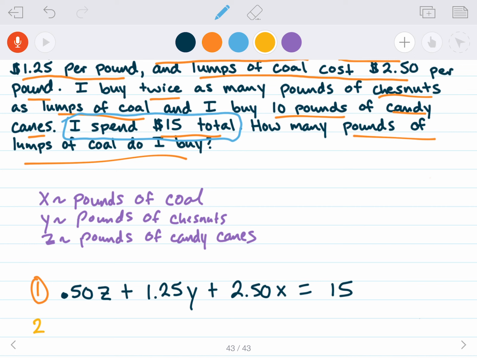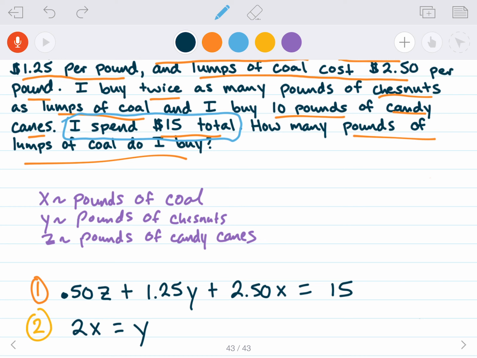So we have 2x equals y. See if that makes sense. So if I buy 8 coal, I have 16 chestnuts. Does that make sense? Yeah, twice as much chestnuts as coal. So that's my equation there.